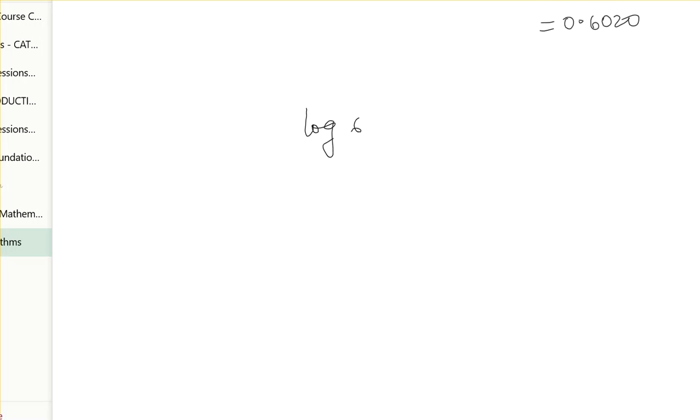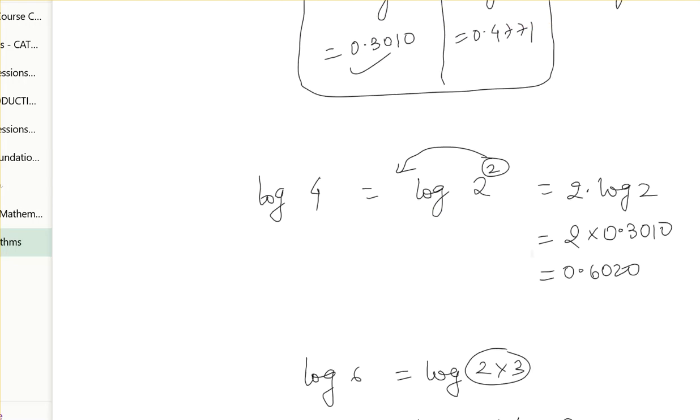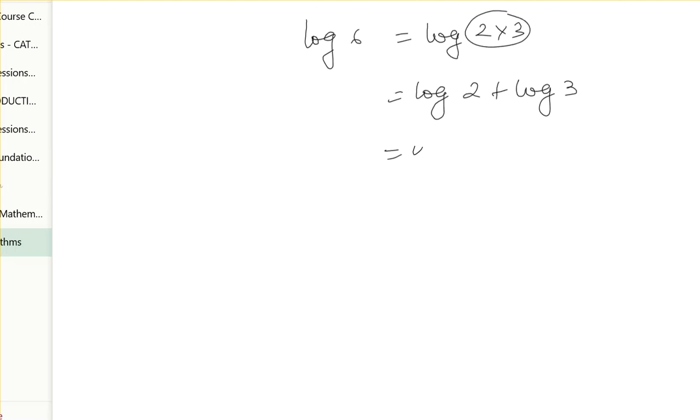Further, log 6 is equal to log 2 into 3. By the laws of logarithm, it is log 2 plus log 3. Log 2 is 0.3010 and log 3 is 0.4771. So it becomes 0.7781.